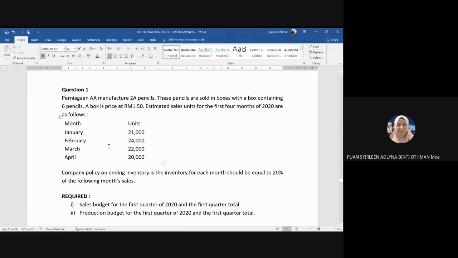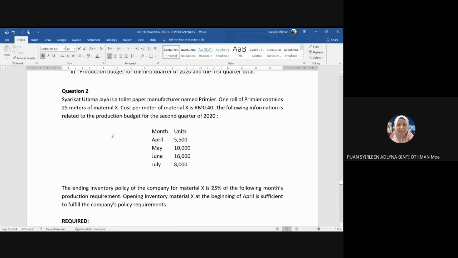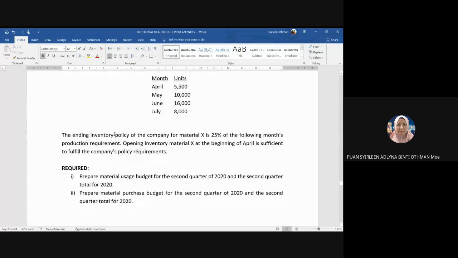So you are going to answer question 1 and question 2, and then you need to send them to me before next practical class. Okay? Alright. So ini homework soalan 1 dan soalan 2. Okay? So that's about all lah untuk budget. Okay? Alright. Ada soalan nak tanya?